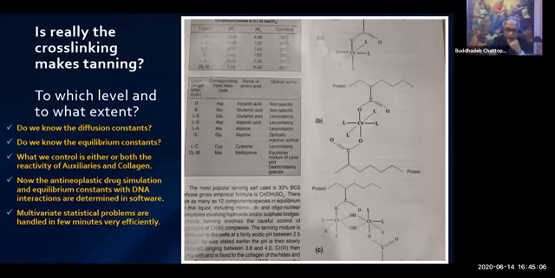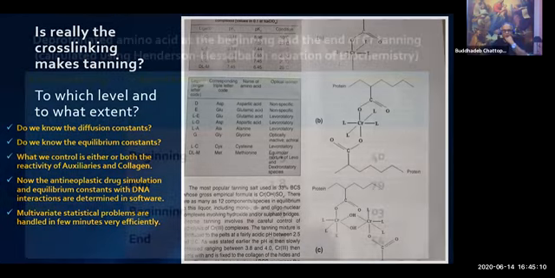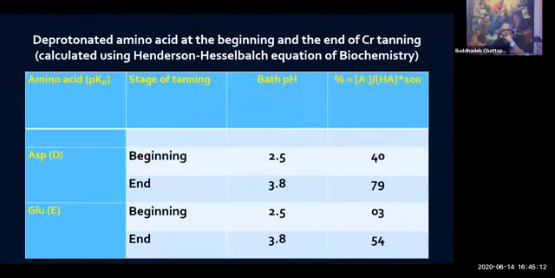Now, why I am saying this: I have used the Henderson-Hasselbalch equation of biochemistry and tried to figure out how many carboxylate ions are present, in terms of percentage, at the beginning of chrome tanning and the end of chrome tanning, with respect to aspartic acid and glutamic acid. These are the only acidic side chains available in the amino acids in collagen.